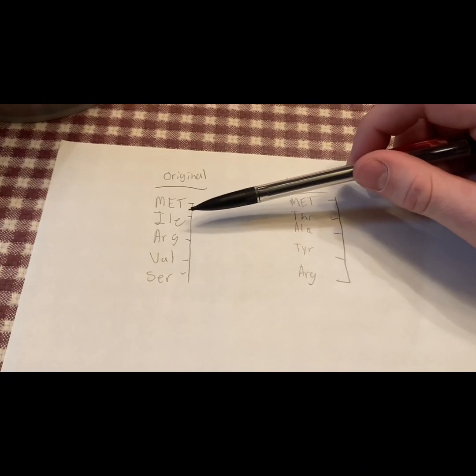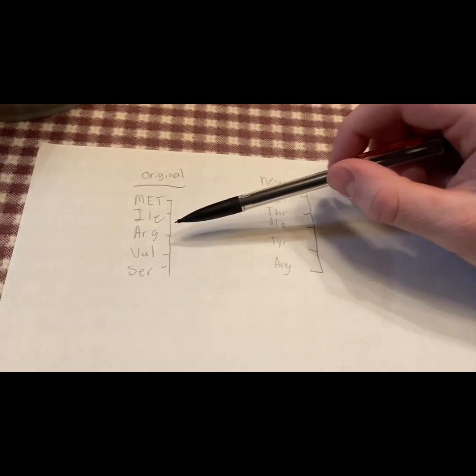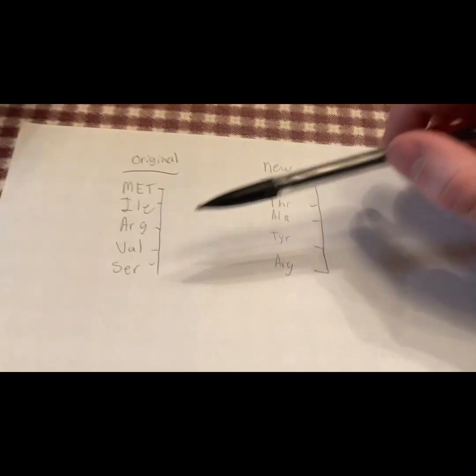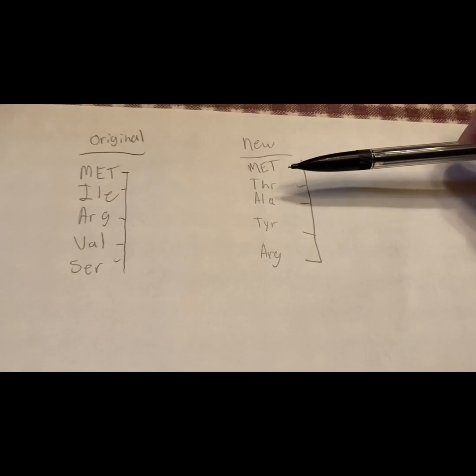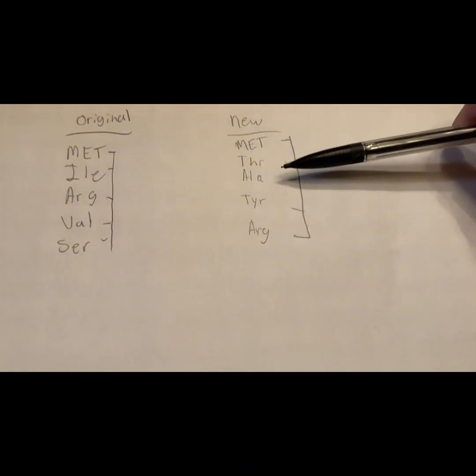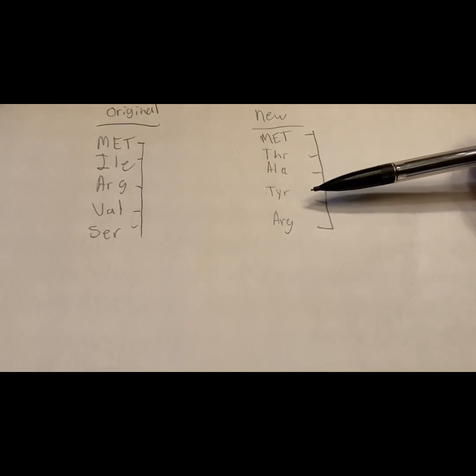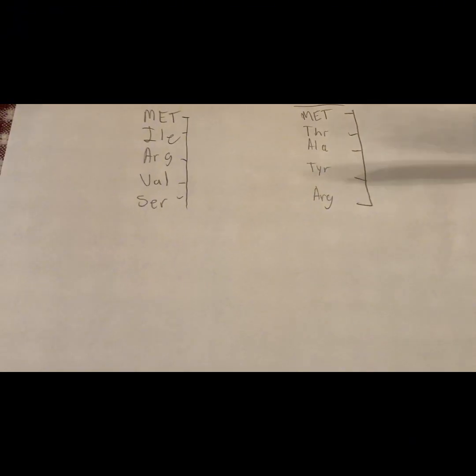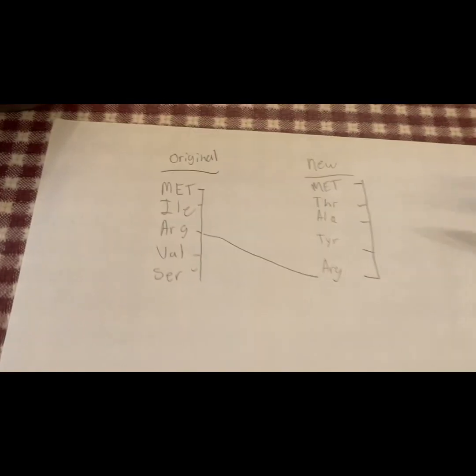Then in our original we have isoleucine, arginine, valine, and serine. And then in our new strand, the methionine remains the same, but now we have threonine, alanine, tyrosine, and arginine. So the only one that is the same is this arginine, but now it's in a completely different spot.